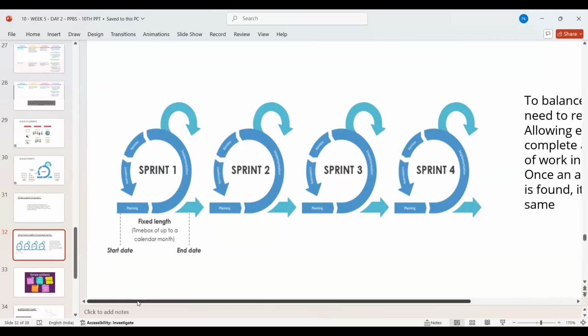When we say calendar month, it simply means 4 weeks. So never talk in terms of month. This is for explanation purposes, but when we say a month, that means 4 weeks, and in short, that actually means 20 working days. So start date, end date, that's the last point that we just discussed. This is your entire sprint.